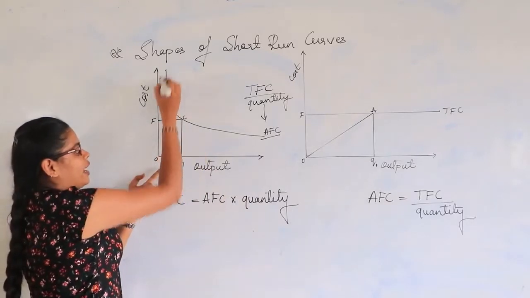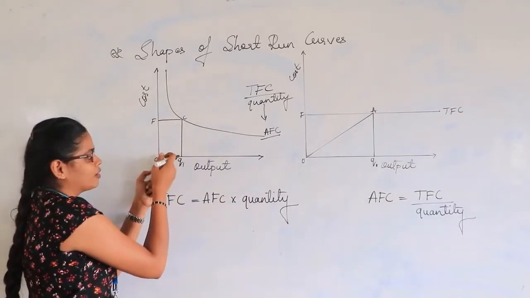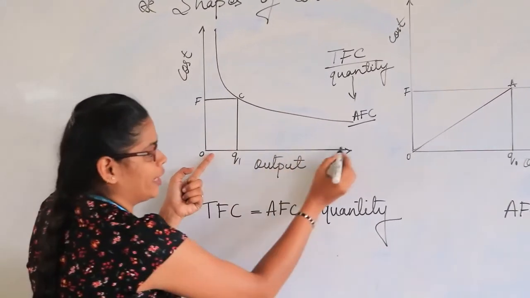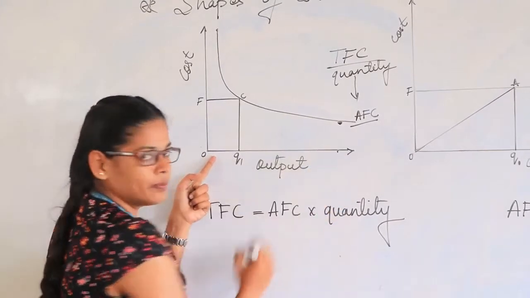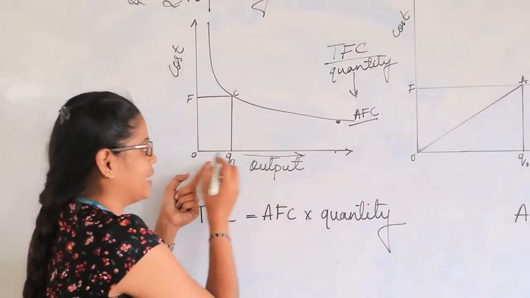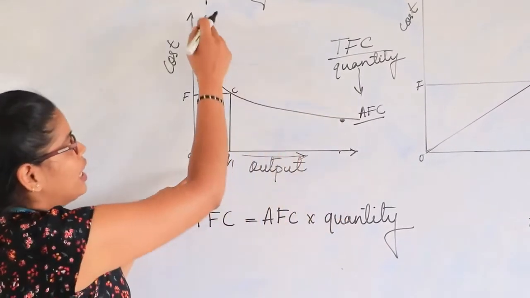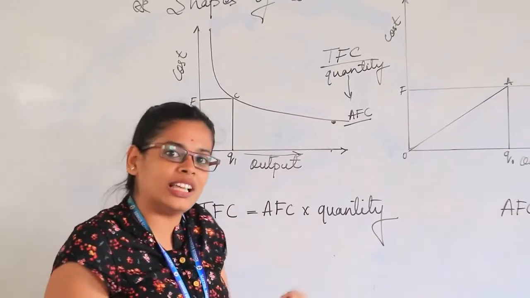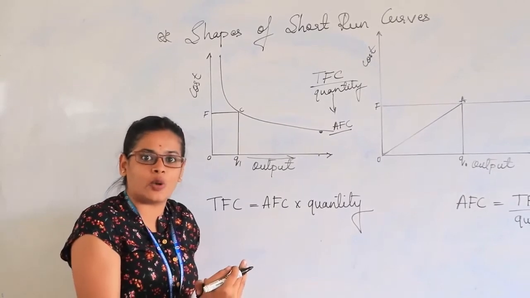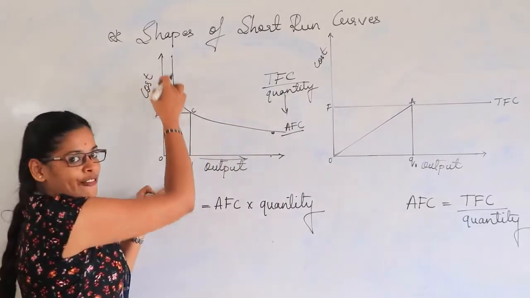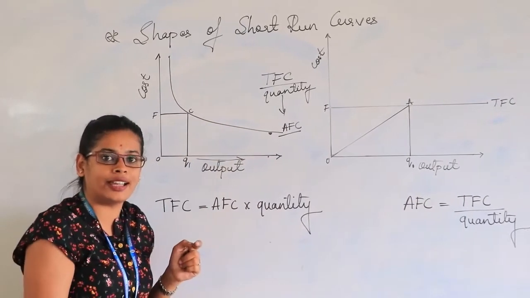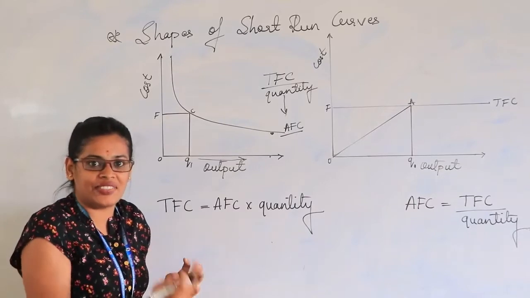At this point the quantity is less compared to this point, and the output, the quantity, is increasing. The total fixed cost might be fixed, but when the quantity increases, the AFC, the average fixed cost, also decreases. It starts gradually falling once there is an increase in the quantity.